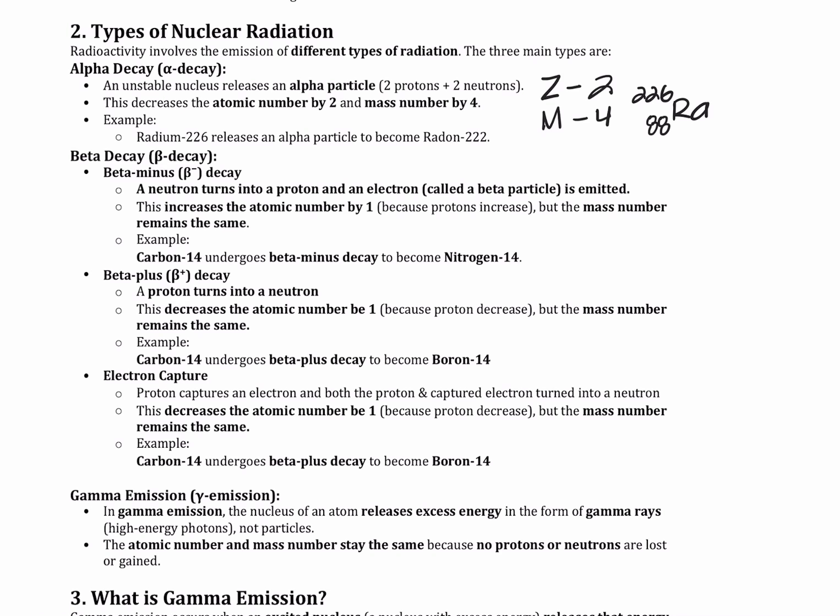If it goes through alpha decay, it would lose 2 protons, leading to 86 as the atomic number, and then 222 as the mass number. Why is that? Because we subtracted 2 from 88, and we subtracted 4 from 226. It would form a whole different element, since 86 is different from 88, and that is radon.